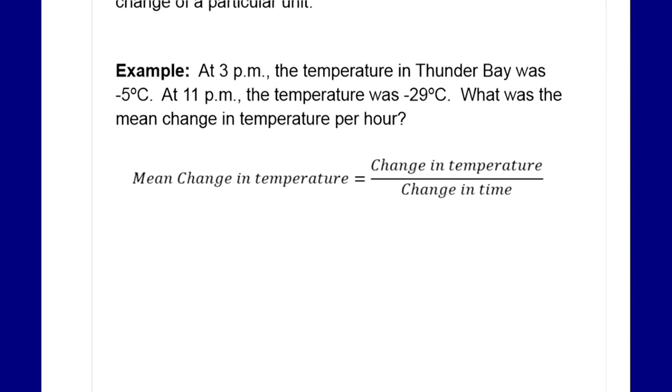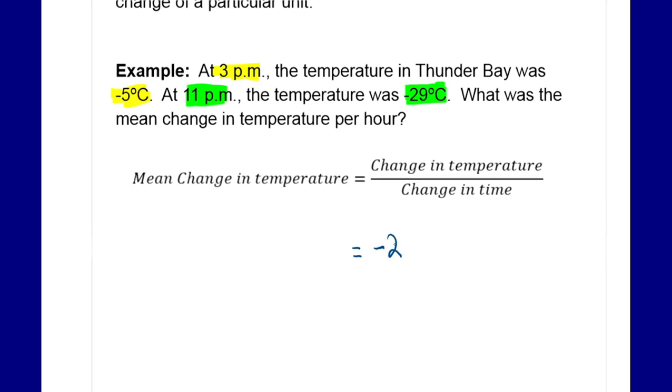Or what was the difference in time between my two measurements. Right? So in this case, we have two different time windows. Right? 3 p.m., it was minus 5 degrees Celsius. That was my first time. And then the second time was 11 p.m. and negative 29.